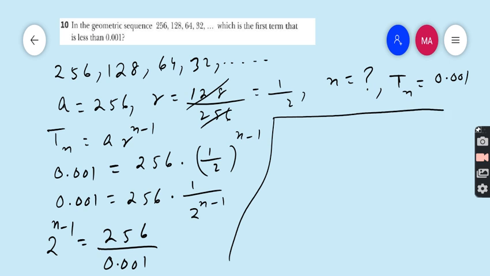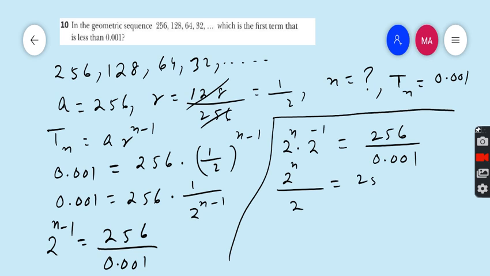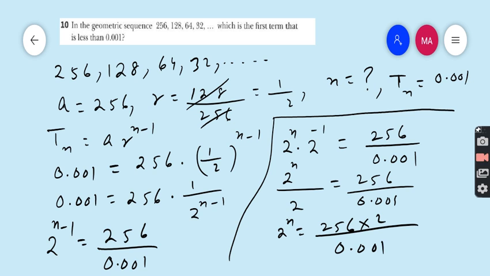Next is 2 power n dot 2 power minus 1 is equals to 256 upon 0.001. 2 power n, and this 2 power minus 1 becomes 2 power plus 1. 256 upon 0.001. Then 2 power n is equals to 256 into 2 upon 0.001.